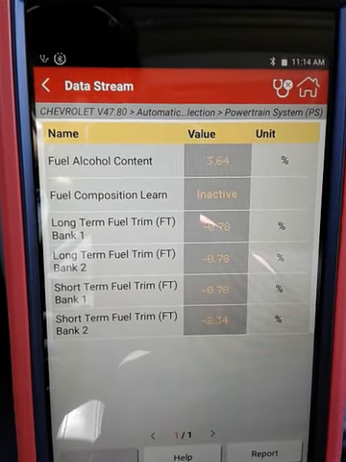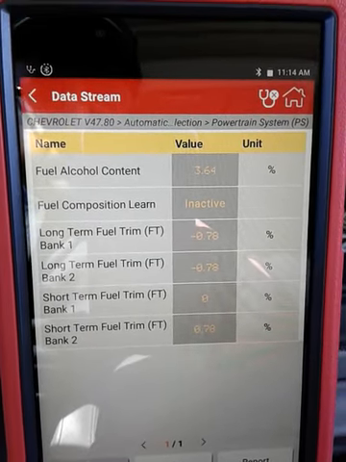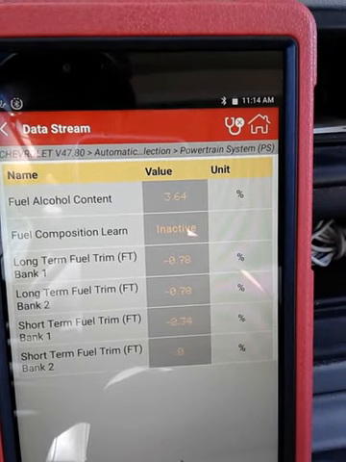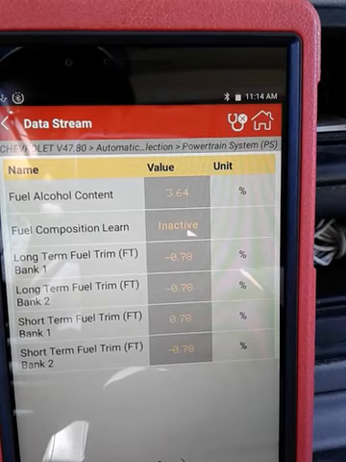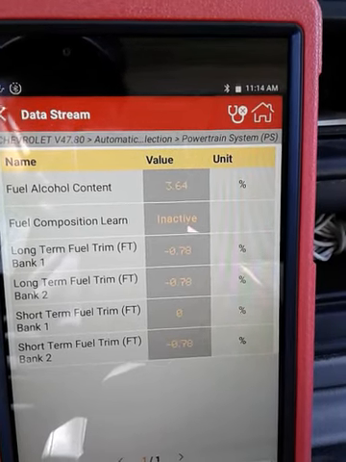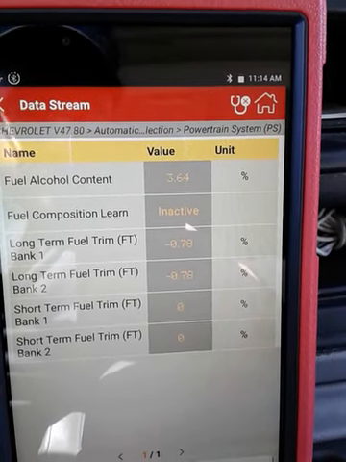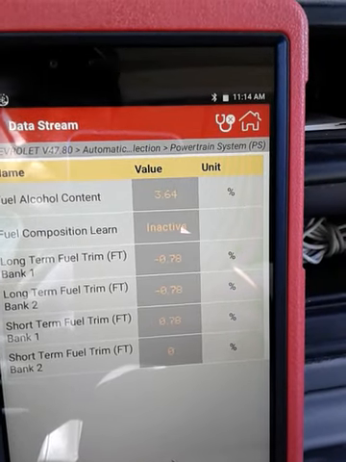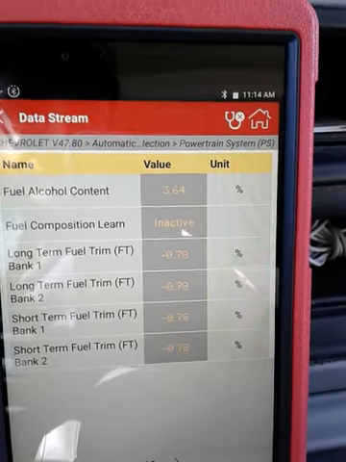So far the alcohol content shows about 3.64%. Our fuel trims did drop now. They were at negative 19 on long term bank 1, bank 2. They're negative 0.78. Short term went down to 0, anywhere from positive 1, positive 1, negative 1, which is good.